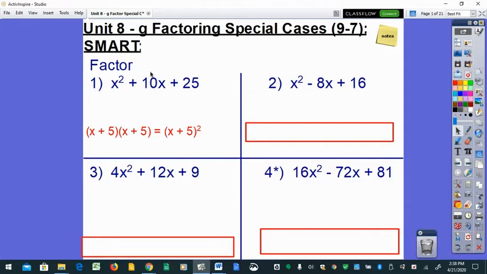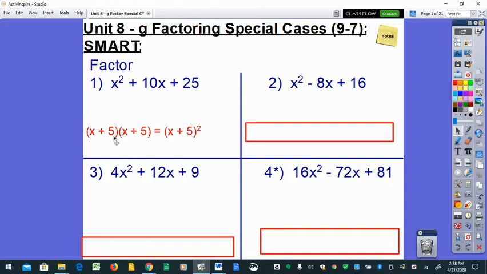So again, remember I talked about that doubling in there. You're going to notice that there's a 5x on the outer and there's a 5x on the inner. And so there's these double 5x's coming in the center. So the factorization of this quadratic trinomial is x plus 5 quantity squared.